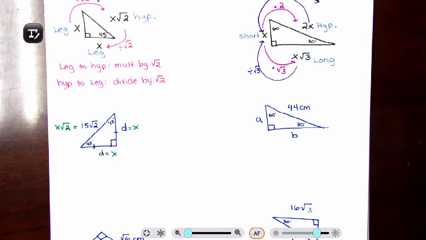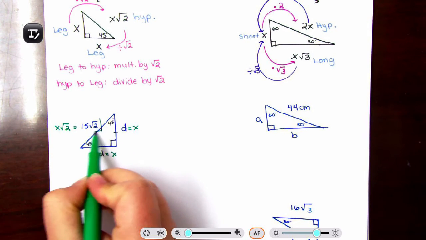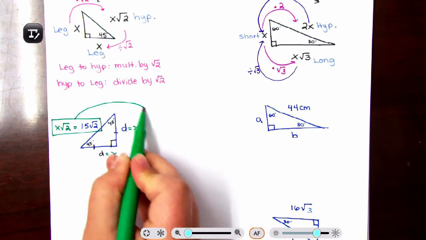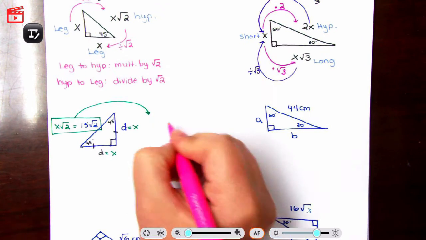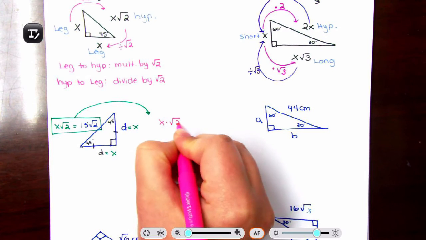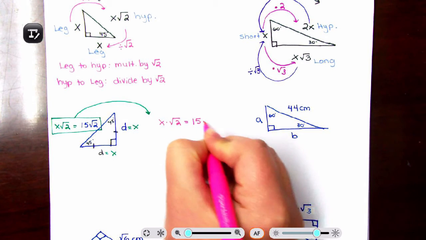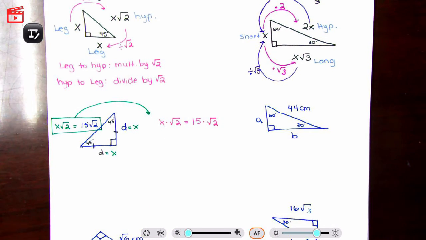When you mark this up, you will end up with some sort of equation. In this example, this is our equation. I'm going to bring that out. So our equation is x times the square root of 2 is equal to 15 times the square root of 2. Now, if you already can identify that x is 15, great. If not, I'm going to continue.